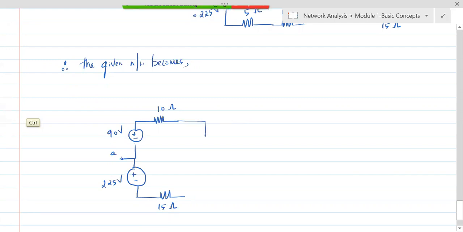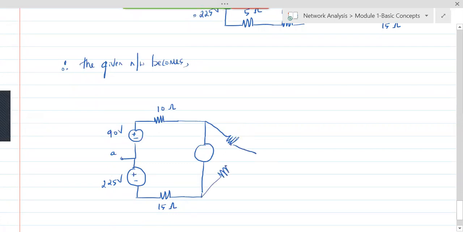What is the remaining part? The remaining part is this. So I've brought it along with the part that we had left. This is how the partly reduced circuit looks. This is partially reduced. This is B, 3 ohms, 6 ohms, plus minus 30 volts.